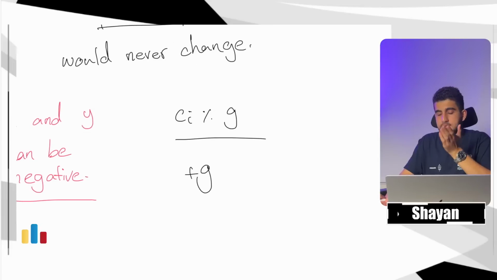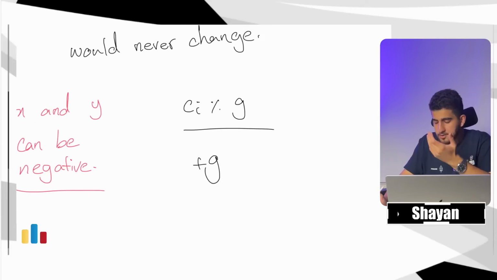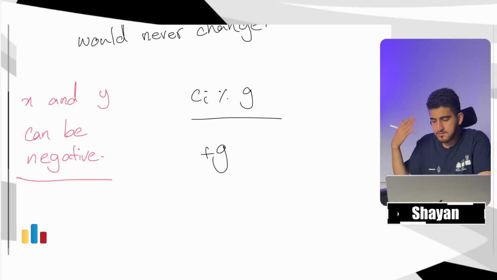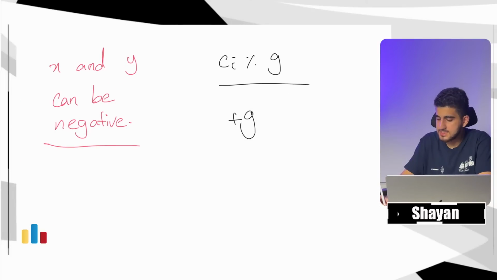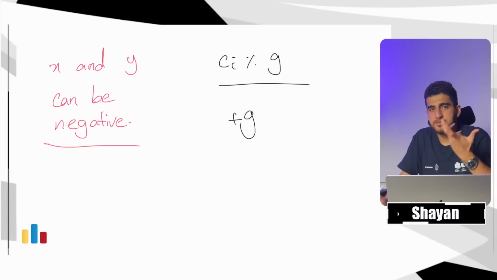If X and Y can be negative, now I want to show you that being negative and not being negative doesn't matter.